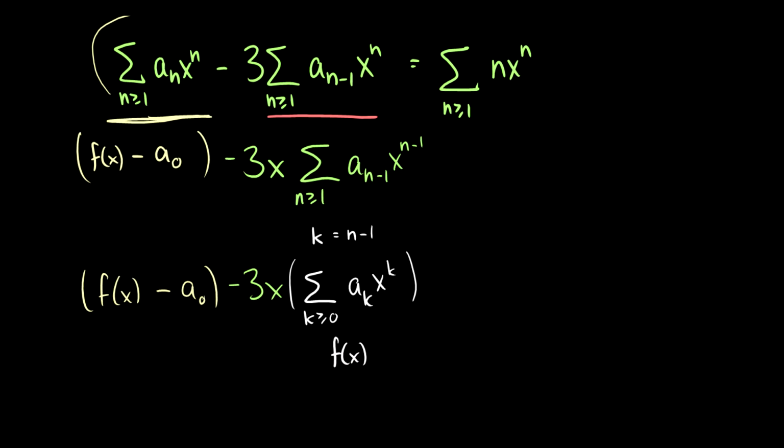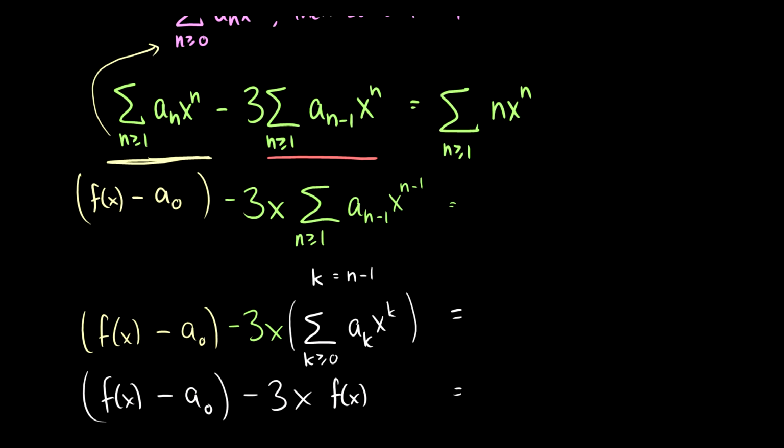So this so far turns into f(x) minus a0 minus 3x f(x). And this is going to equal the right side.